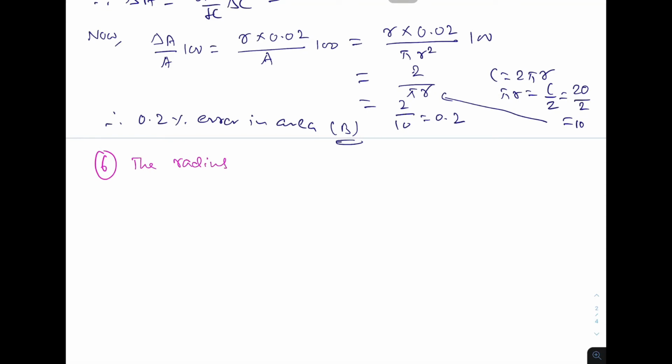The radius of a circular metal plate when heated increases by 2%.